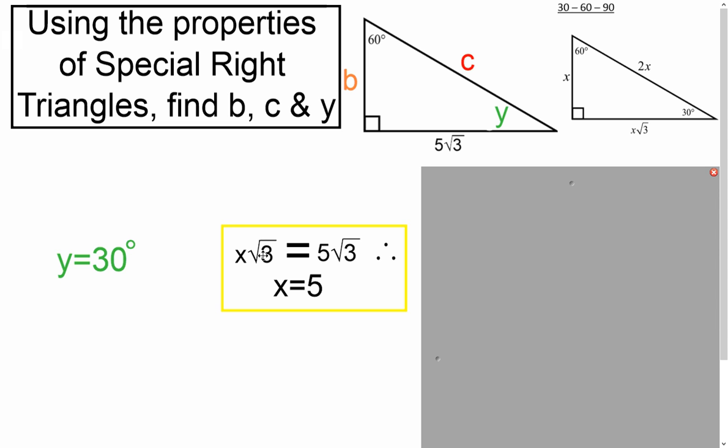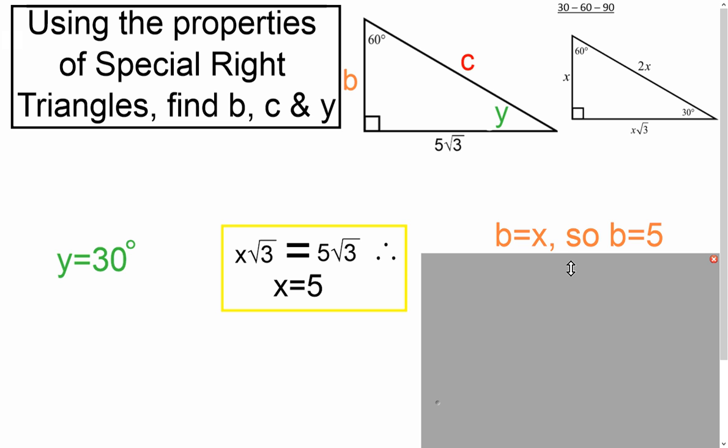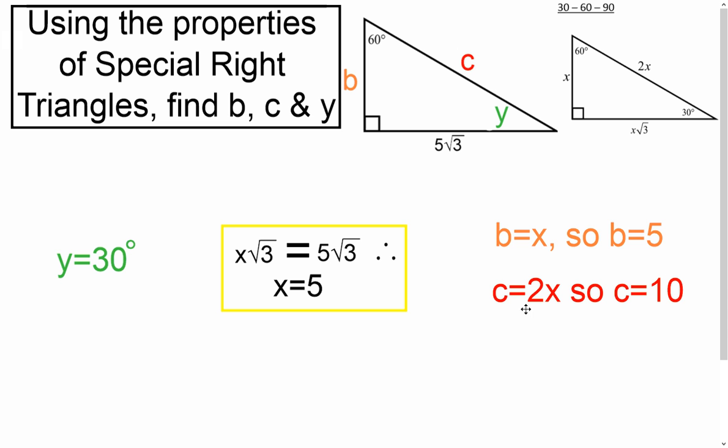So if x square root of 3 equals 5 square root of 3, they're at the same location, that means x has to equal 5. So if x is 5, that tells us that B is 5. C then is 2 times x, so C is 2 times 5, or 10.